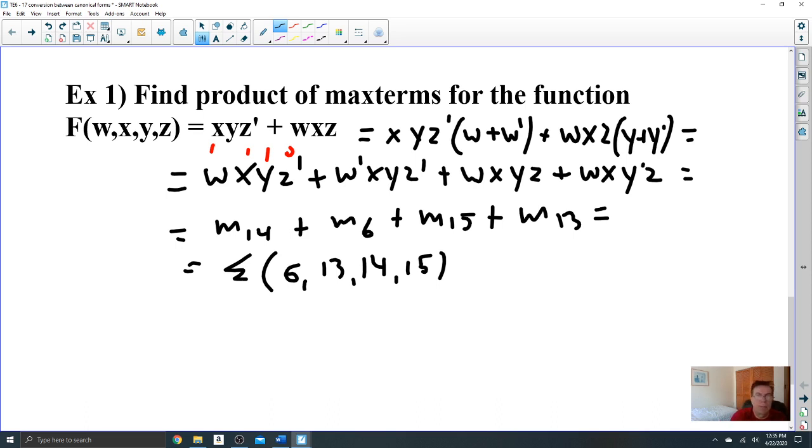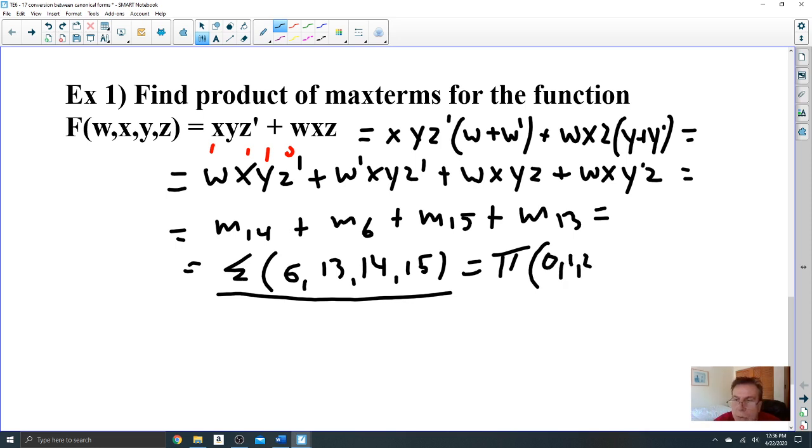So we found the sum of minterms right here, and oh, that's ugly. We're going to erase this. All right. So we found sum of minterms right here, and this one is equal to the product of the following maxterms because of the complementary relationship of the minterms and maxterms: 0, 1, 2, 3, 4, 5. 6 is a minterm, that means it cannot be a maxterm.